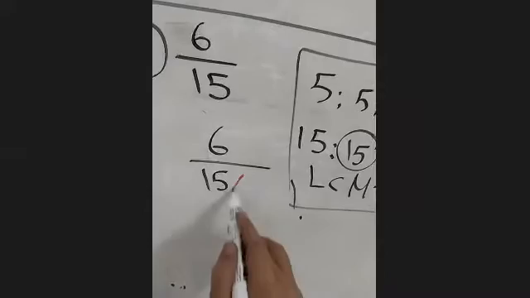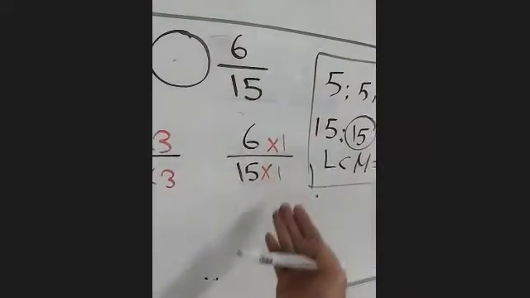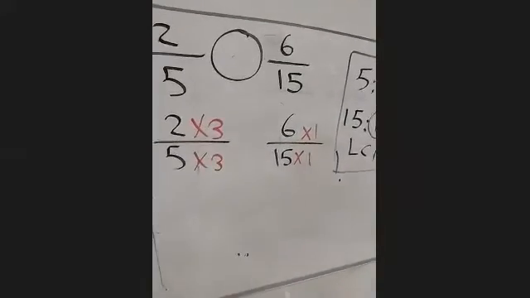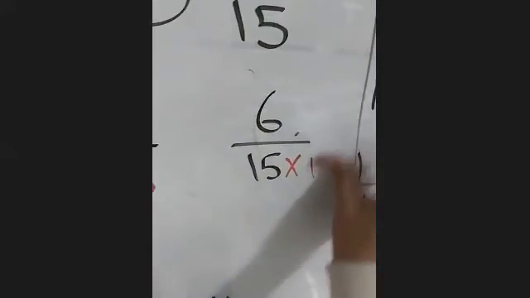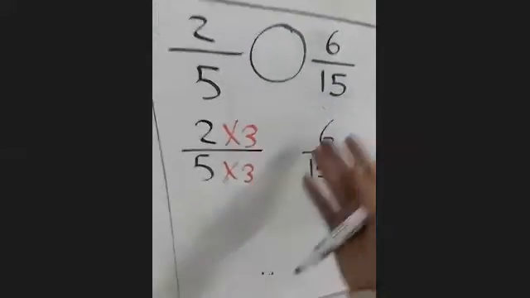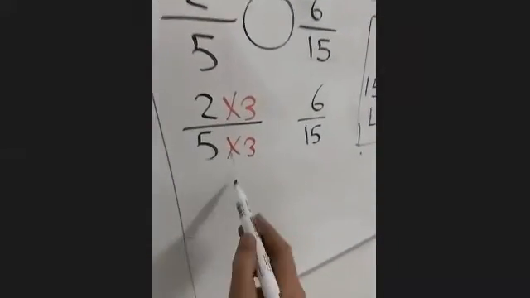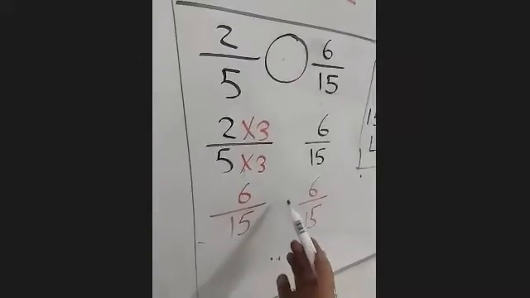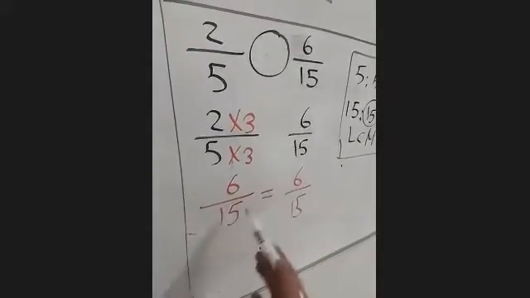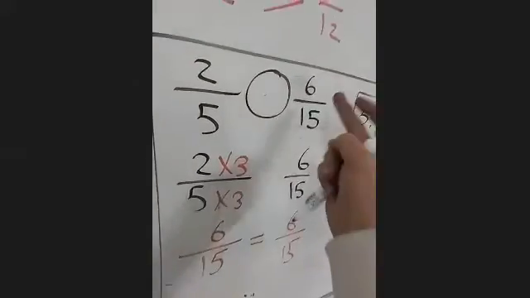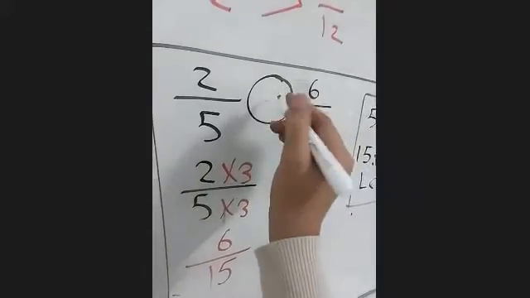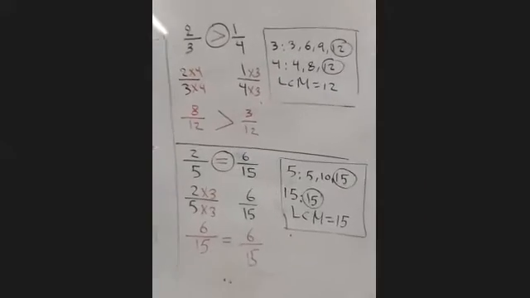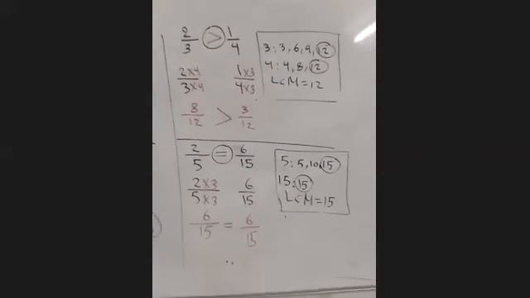By multiplying with 1, and if you multiply with 1, the number stays the same, so no need. Now simplify: 2 times 3, 6, and down 15. And here also 6/15. So these two fractions are equal, which means the original fractions are also equal.